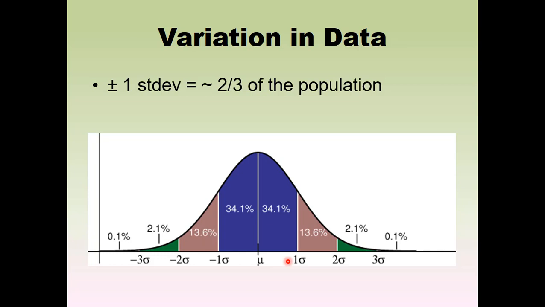If we go farther than that and we add and subtract 2 standard deviations, that will actually account for 95% of the population. So this is going to give us some insight into how standard deviation is sometimes used.